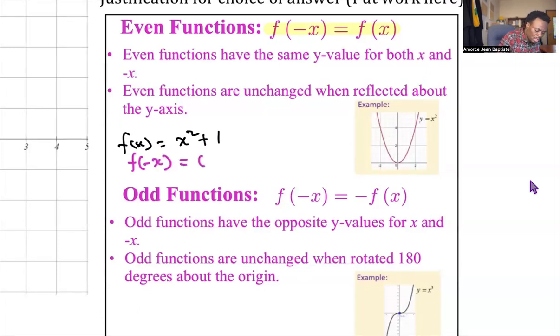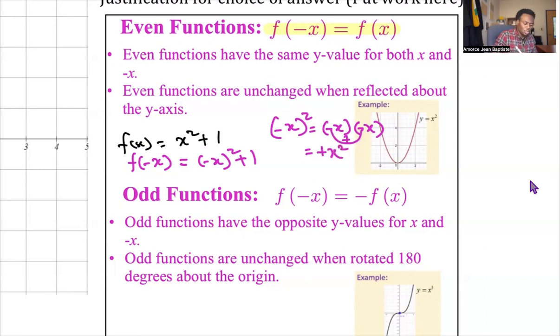So that would be negative x squared plus 1. Well, negative x squared is negative x times negative x, which will be plus x squared. So we see that that is x squared plus 1. Well, plugging in negative x did not change the function. So that means negative values and positive values, if you have the same value, you would have the same y value.